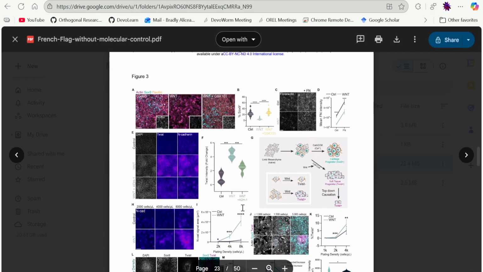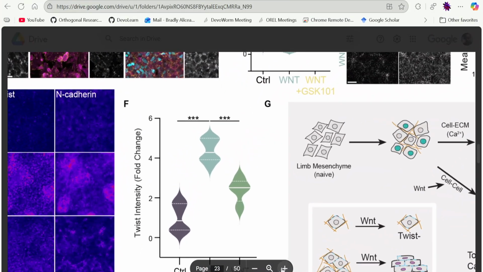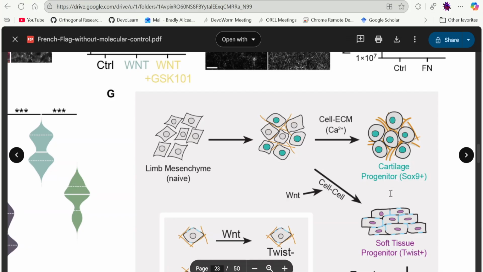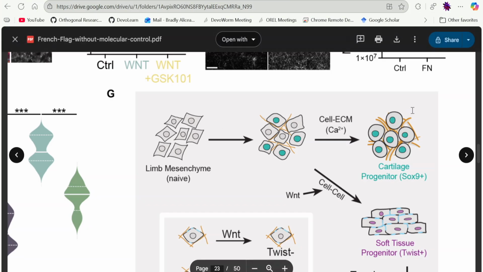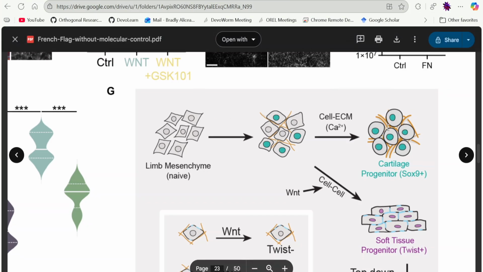This is figure 3. Wnt activation of soft tissue fate is mediated by cell-cell interactions, and this just shows more characterization. We look at the cartoon again. They show a little bit more about this. So we have Lin mesenchyme, which is naive. We have this transition to a cartilaginous cell type with SOX9 positive marker.